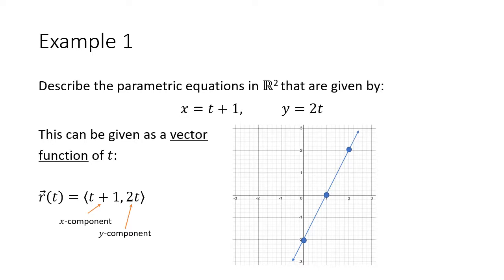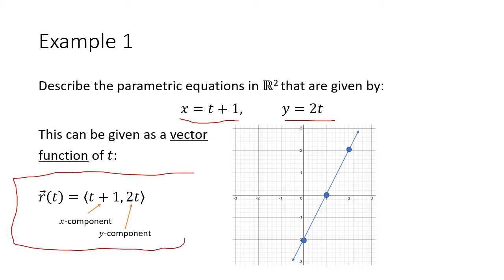So now what I can do is actually take this parametric equation, and instead I can write this as a vector function. So basically we're taking the fact that I have an x component and a y component, and now we're plugging it into my vector notation with, though, an x component and a y component.